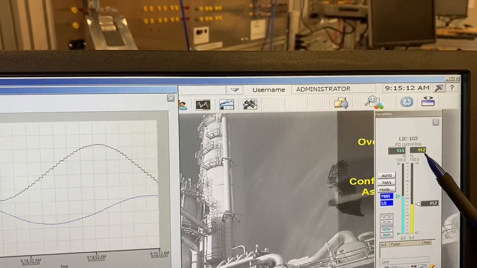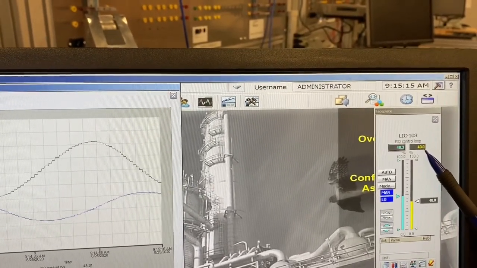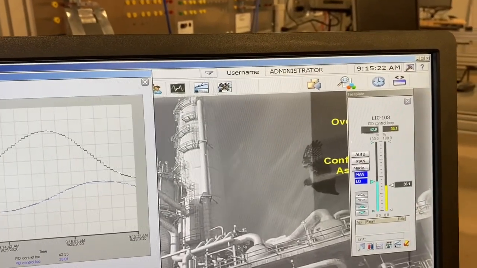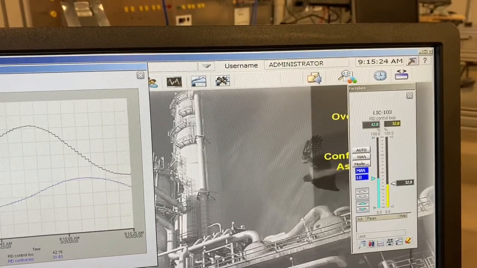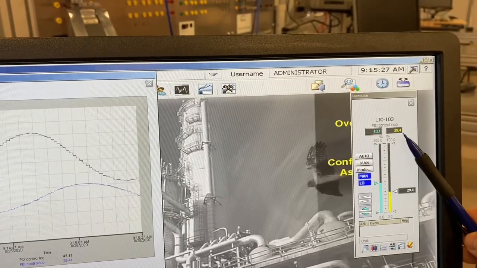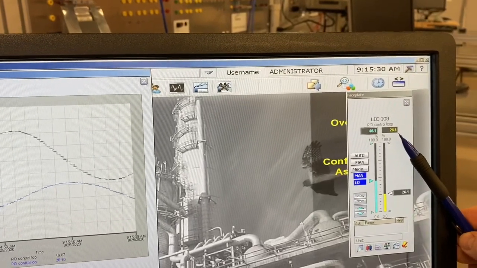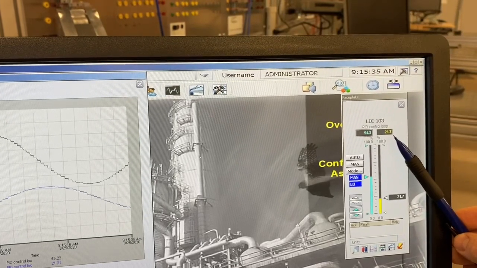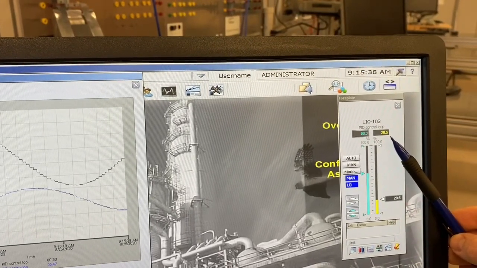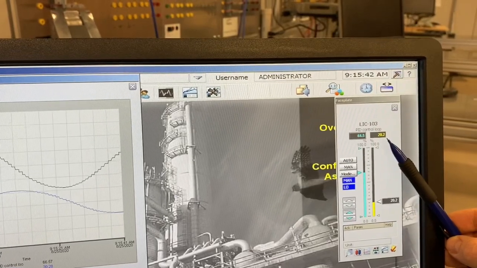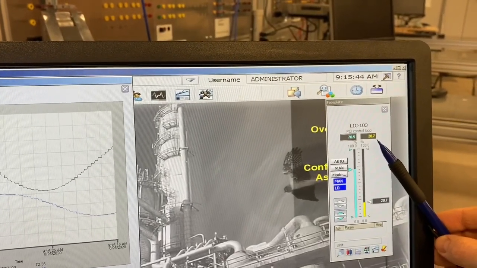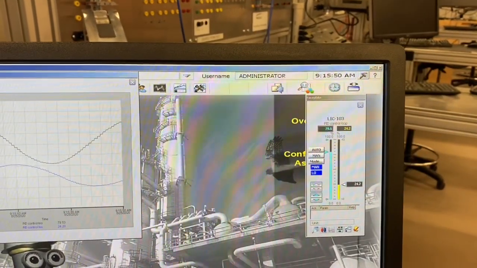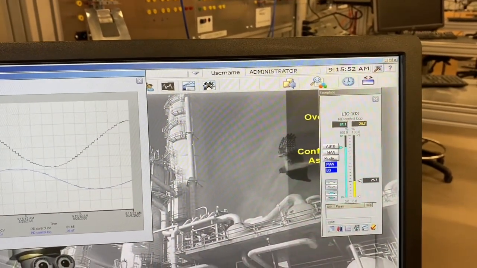So it turned around at about 41.5. So 41.5, and we're going to watch it come down to the lower end here. And when it starts to go up again, we'll record that. So 41.5 and 20.2. That difference divided by 40 would give us our gain.